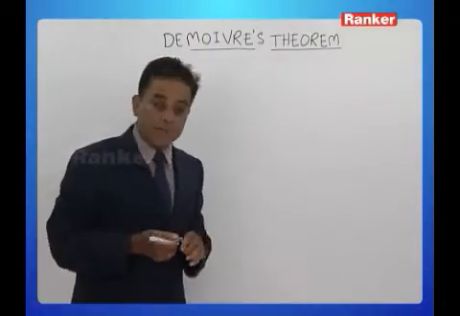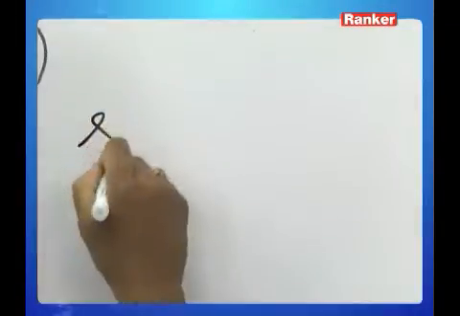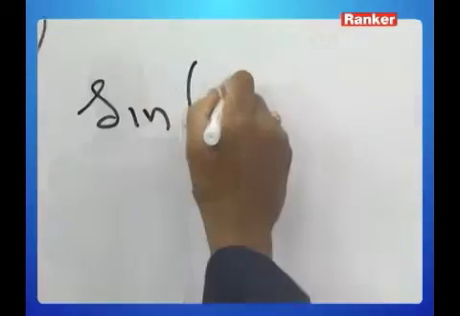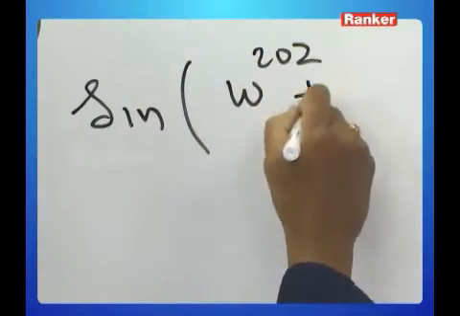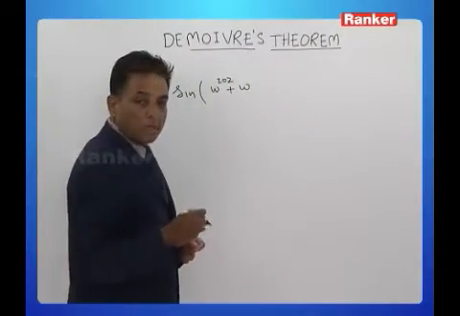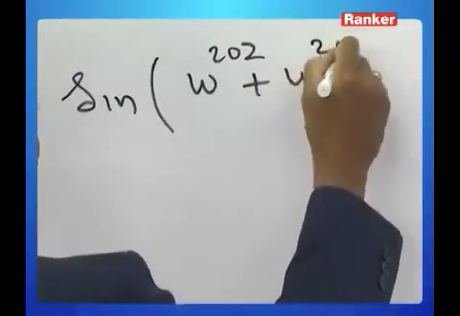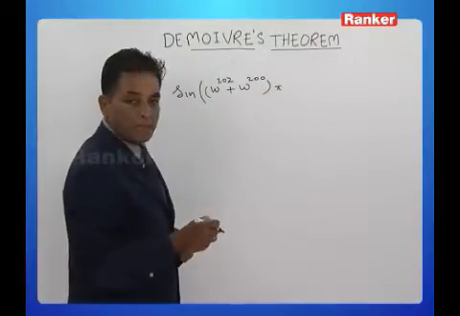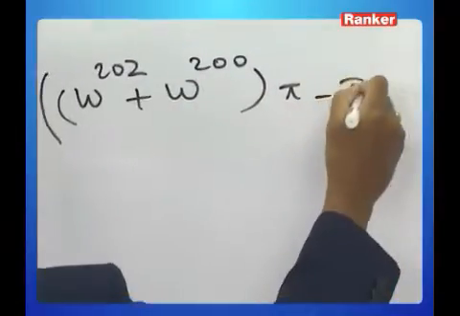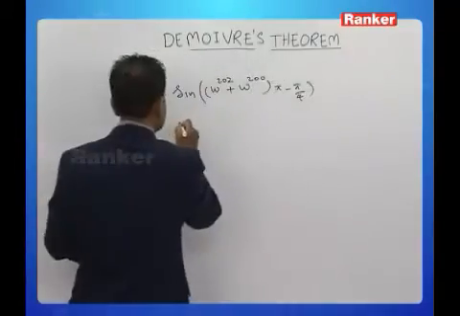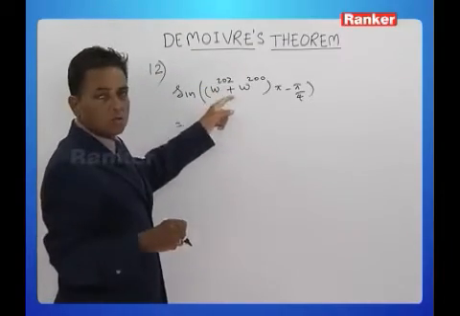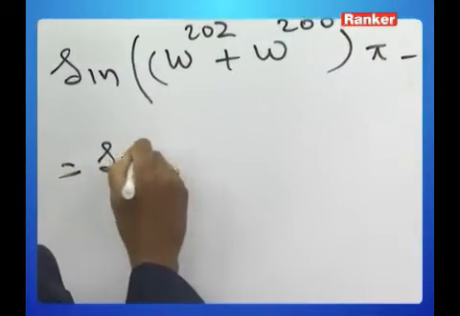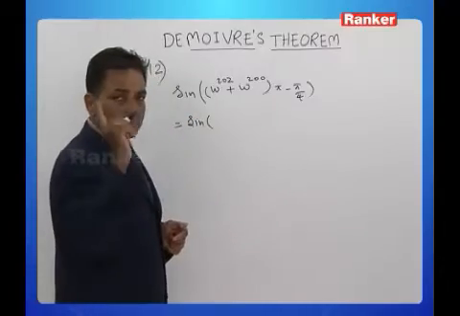Question number 12. Sin of (omega power 202 plus omega power 200) into pi minus pi by 4. We know that 202, let us write in 3 multiples, because omega power 3 multiple becomes 1.